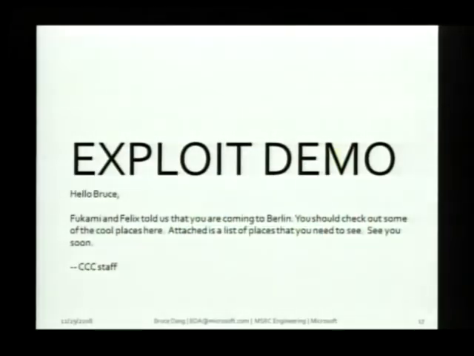Now I'm going to show you an exploit demo. I'm not going to show a real one because I guess I'm not supposed to, but this is a simulation of what a real exploit will look like. They typically come in email, and so they'll send it to the person. In this case, I'm going to use myself as the victim, and the attacker is going to be like the CCC staff.